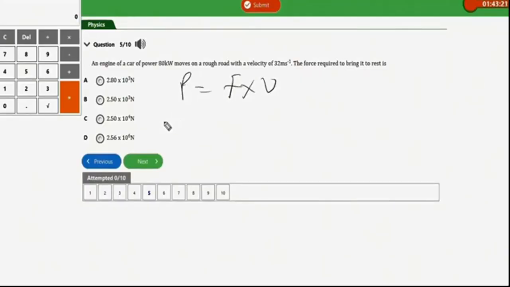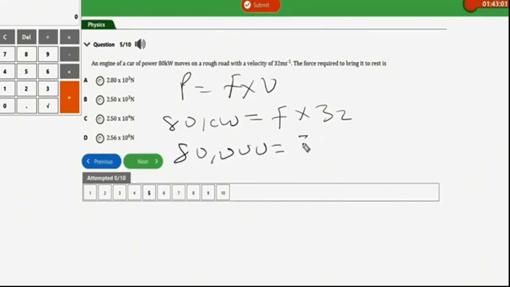So we have the power to be 80 kilowatts, equals force times velocity, which is 32. Now convert this kilowatt to watts, which is 80 times 1000, giving 80,000, equals force times 32. We are looking for the force, so divide both sides by 32.